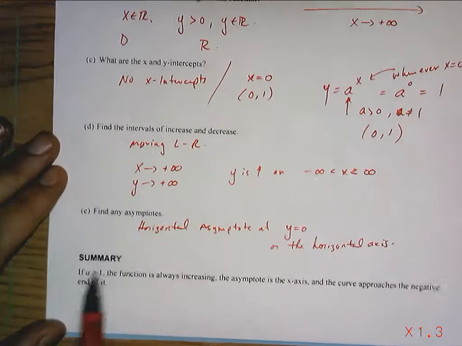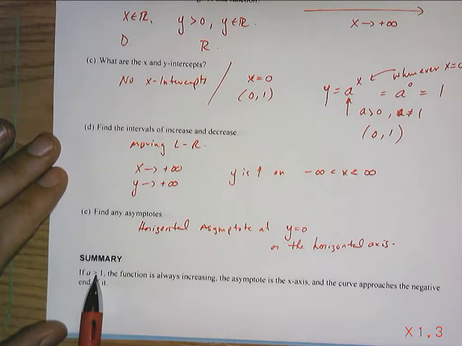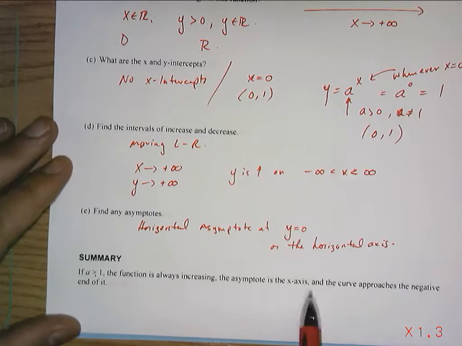All right, summary. If a is greater than 1, the function is always increasing. The asymptote is the x-axis, and the curve approaches the negative end of the x-axis.